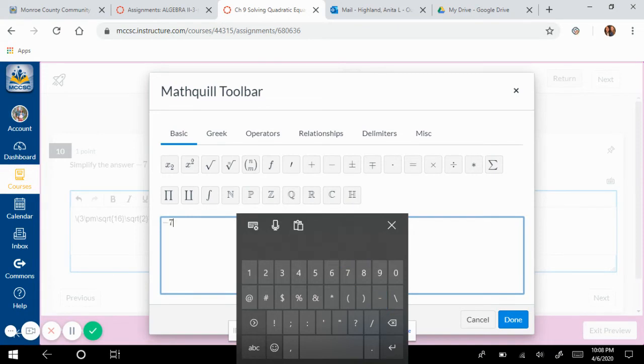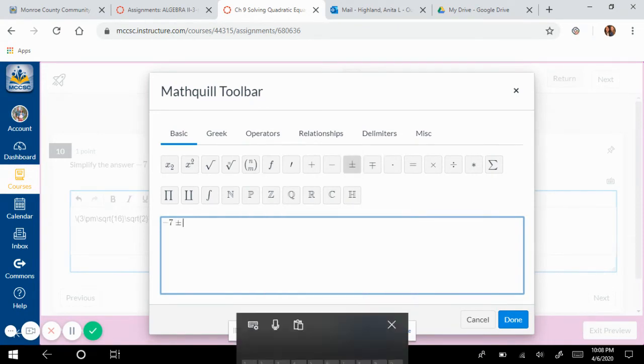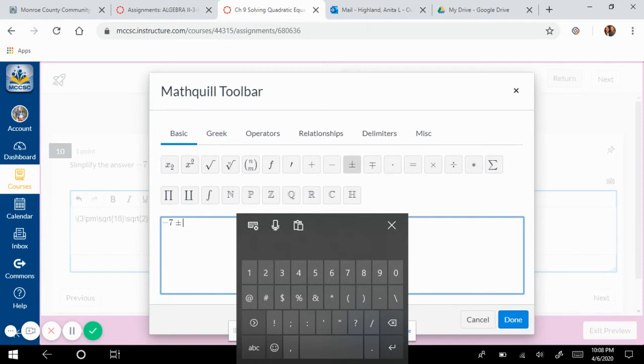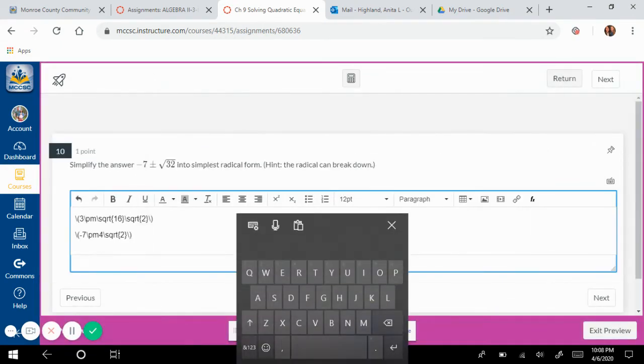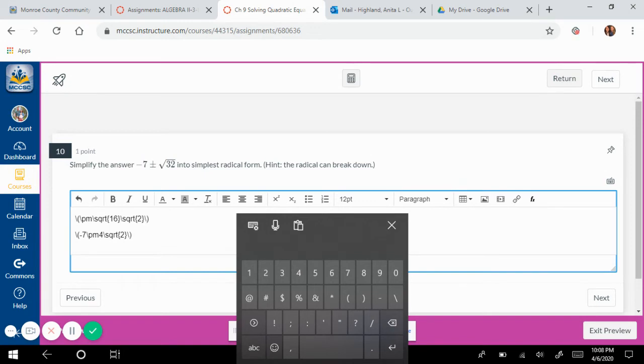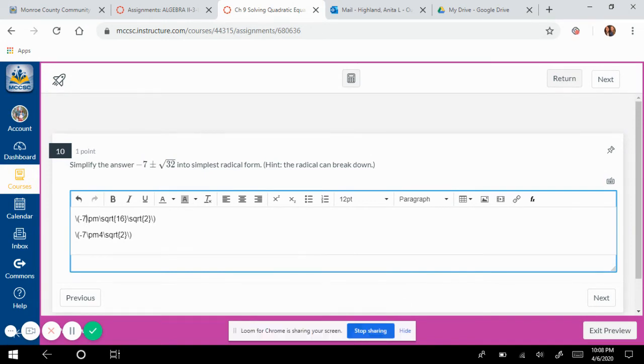So -7 plus or minus, well, the square root of 16 is 4, and I can't take the square root of 2, so that remains 2. As you can see in that top one, I did mess that up. So I need to get rid of that 3 and make it -7. Then I think it'll all be fine.